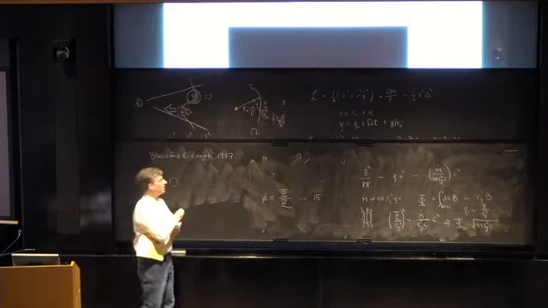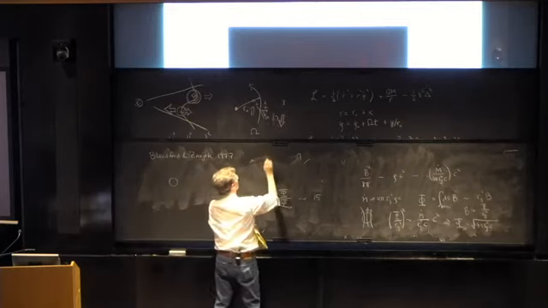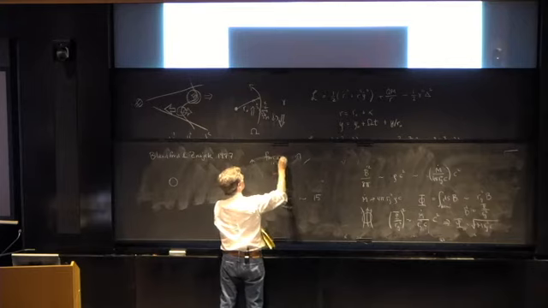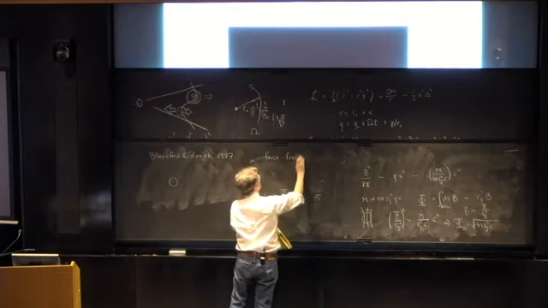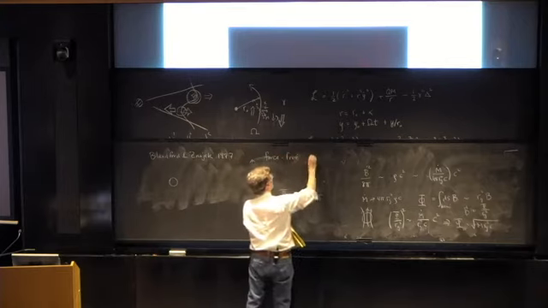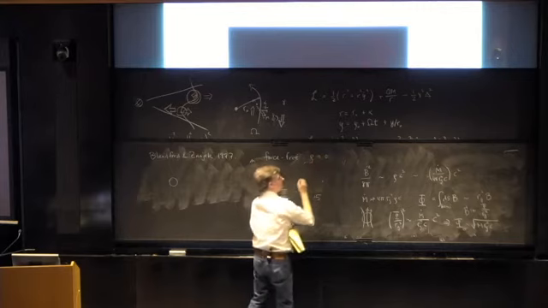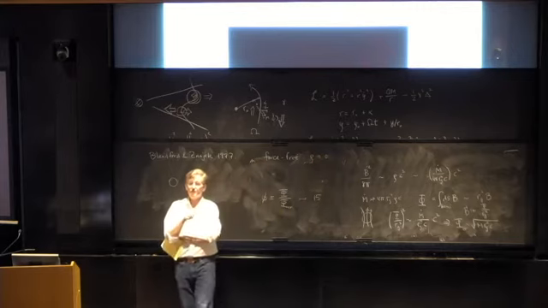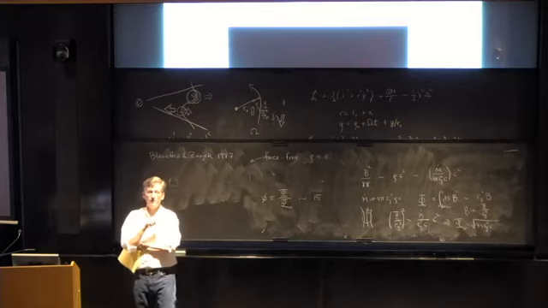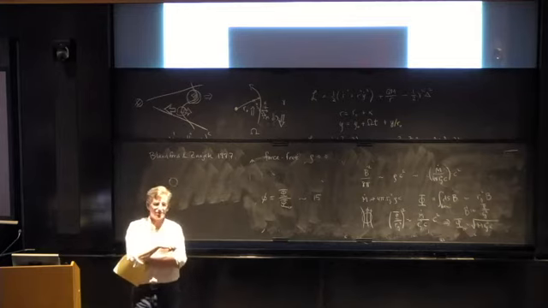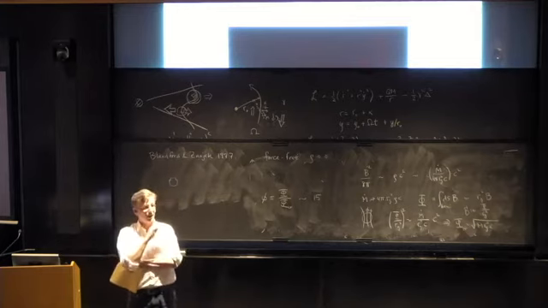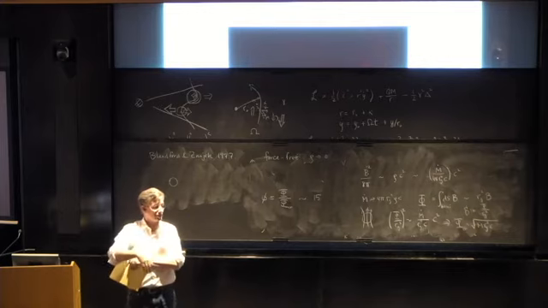Force-free here means that the density is very low, but it's not so low that we're in the vacuum electromagnetism regime. So there are still charges around that can carry currents.